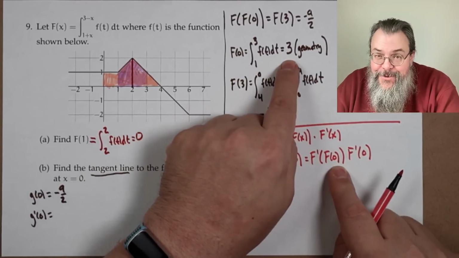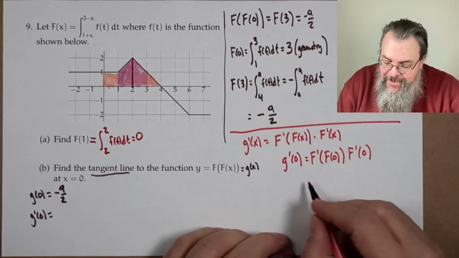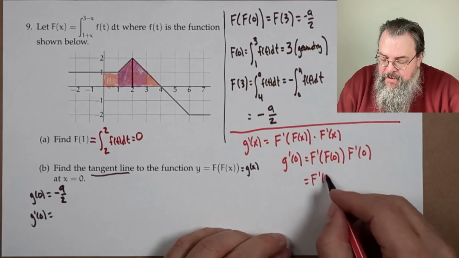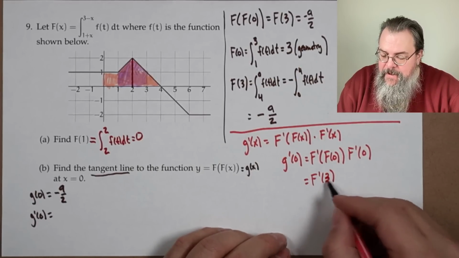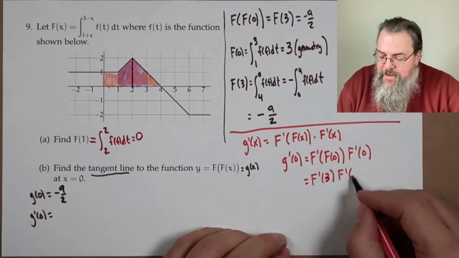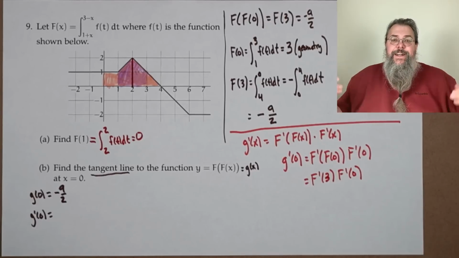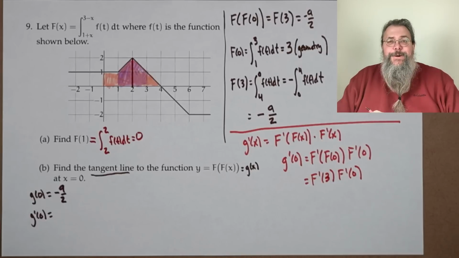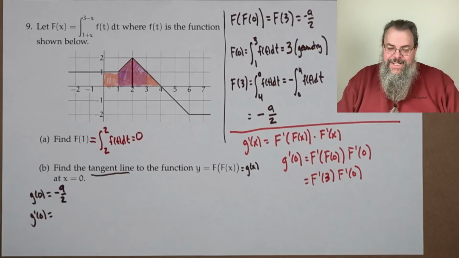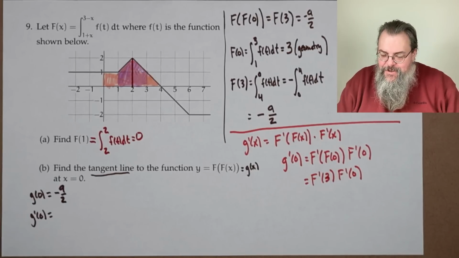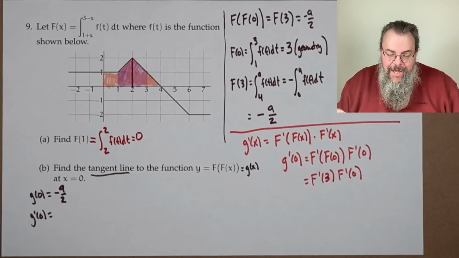F of 0 is 3. So this is f prime of 3 times f prime of 0. And now we're like, cool, we're in the home stretch, right? Because all we have to do now is multiply those derivatives together.